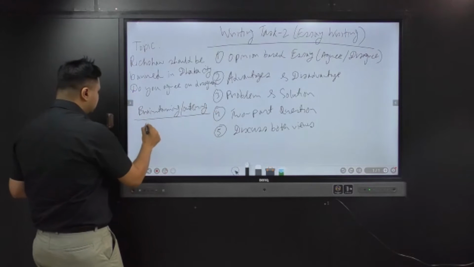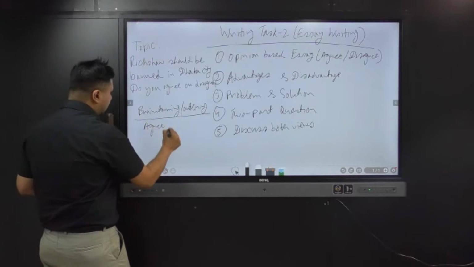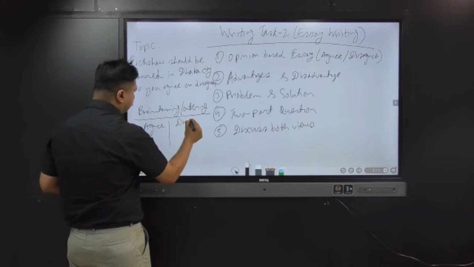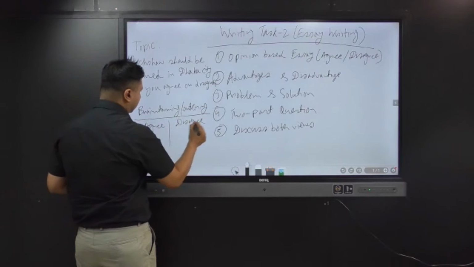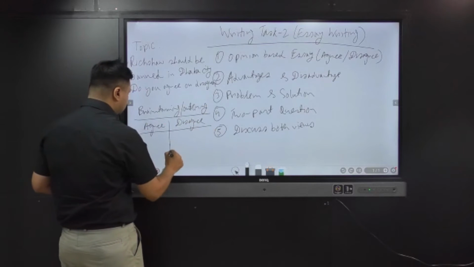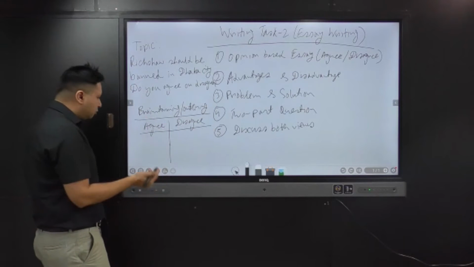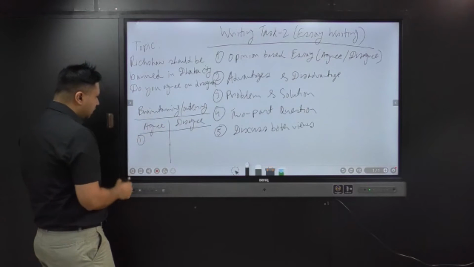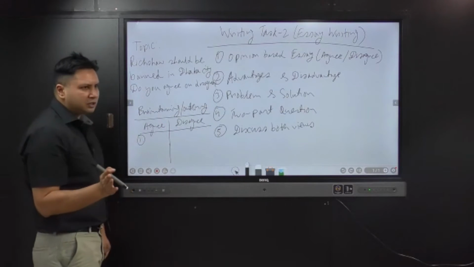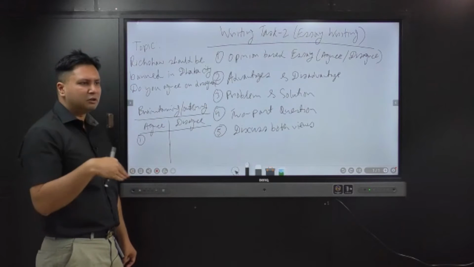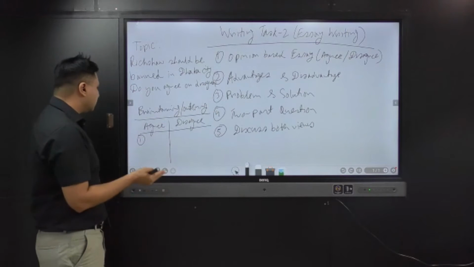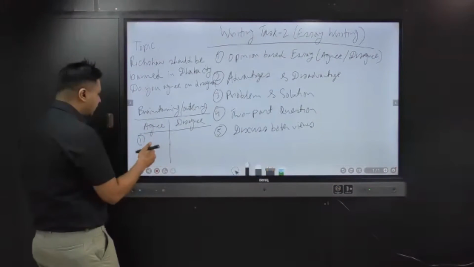So first of all, you should draw a table over here. Agree, disagree. First of all, you find out some keywords or short notes. But remember that there is no marking for this, it's just for your own good, so that you can proceed with the essay. That's why you need the brainstorming outlining.